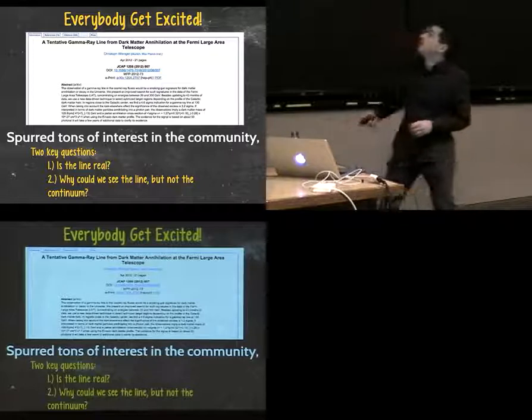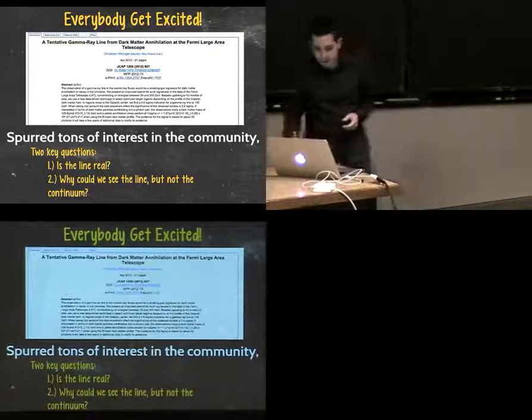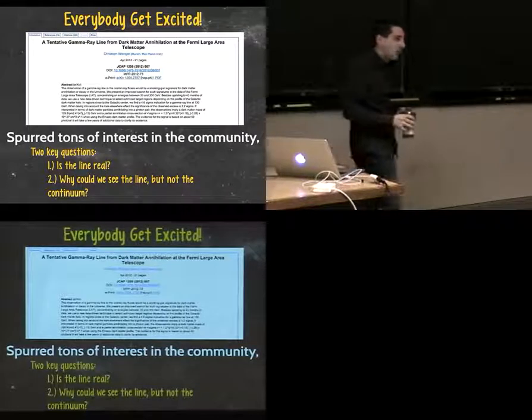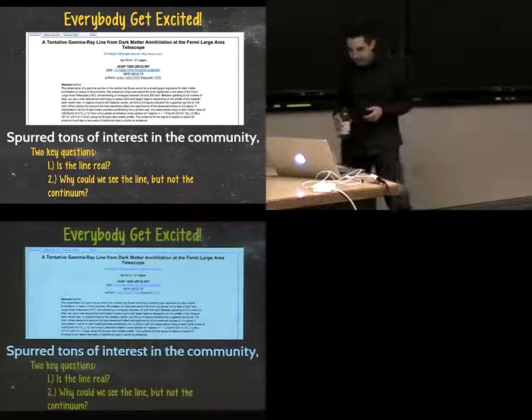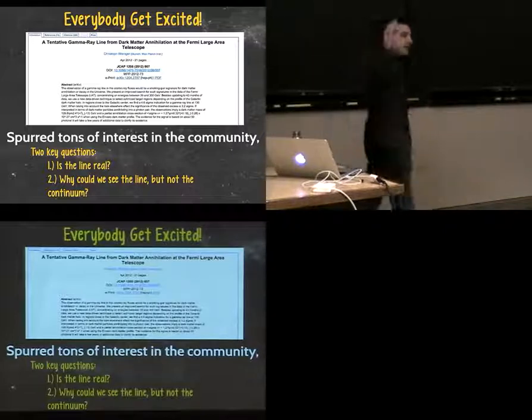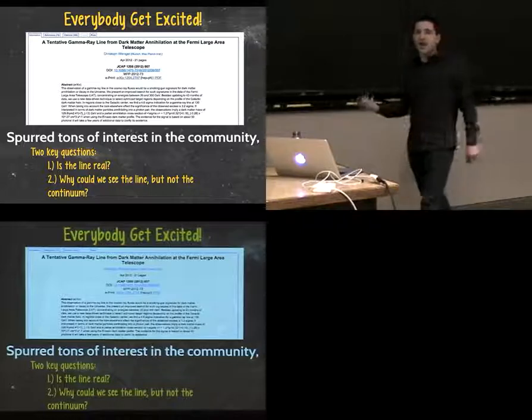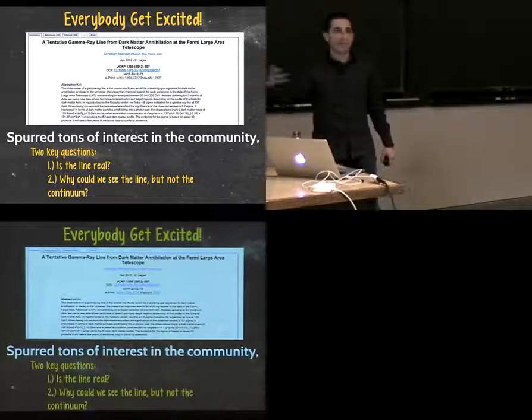You can see this paper now has 280 citations from other papers over the last 2 years. Probably about 200 of those came in the first year. It was the thing everybody was talking about. And there were two questions. Is this line a real thing? And if you see the line, remember you're supposed to pay this penalty of alpha squared.